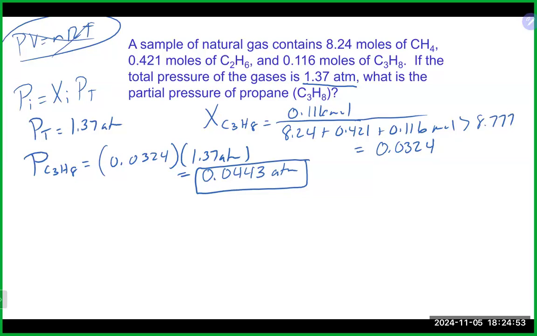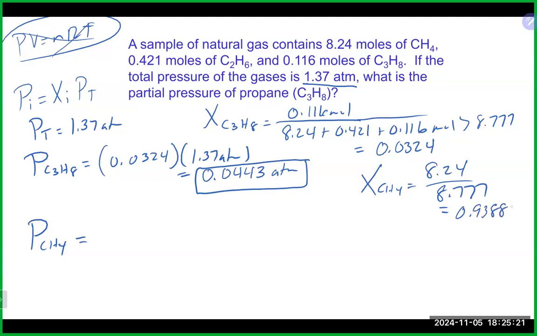Now, if you wanted to, you could absolutely do the exact same calculation for everybody else there. So, for example, if we wanted to use methane, which is CH4, we would do our mole fraction for methane, which would be in this case 8.24 divided by 8.77. That would give us a pretty big mole fraction, about 0.9388.